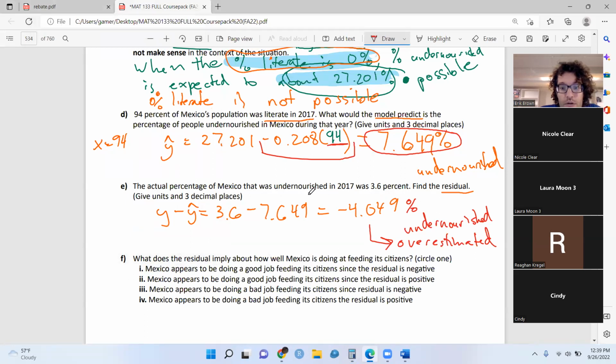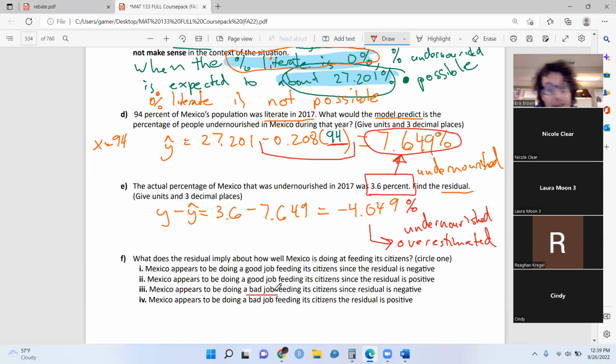Okay, so they actually had a lower undernourishment rate. That's good, right? We want our undernourishment to be 0% if possible. So they're at 3.6%. Our model predicted 7.6. We predicted a much higher number. So number 3 says they're doing a bad job.